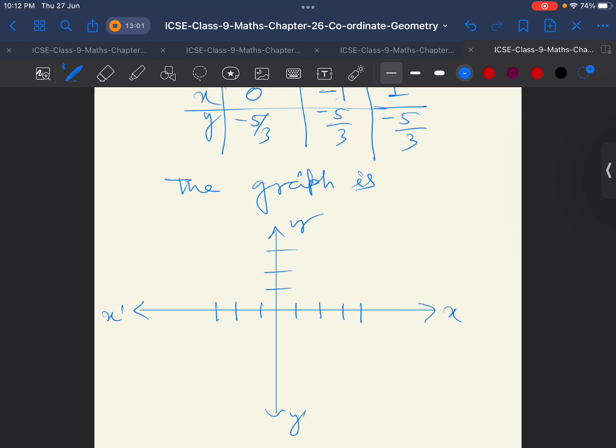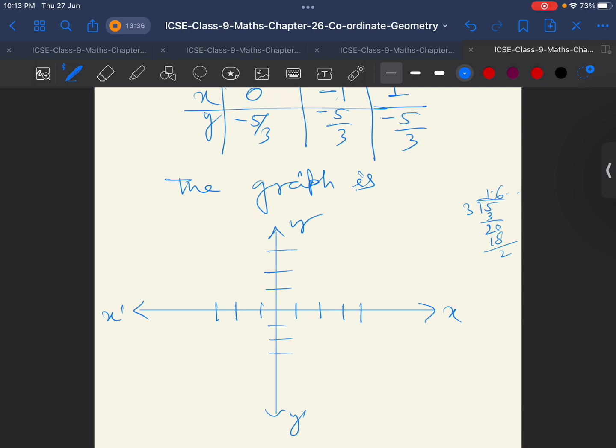Okay, this will be minus 5 by 3. We bring down 2. Now it's going down, so 1.6. This point is 0, minus 5 by 3.